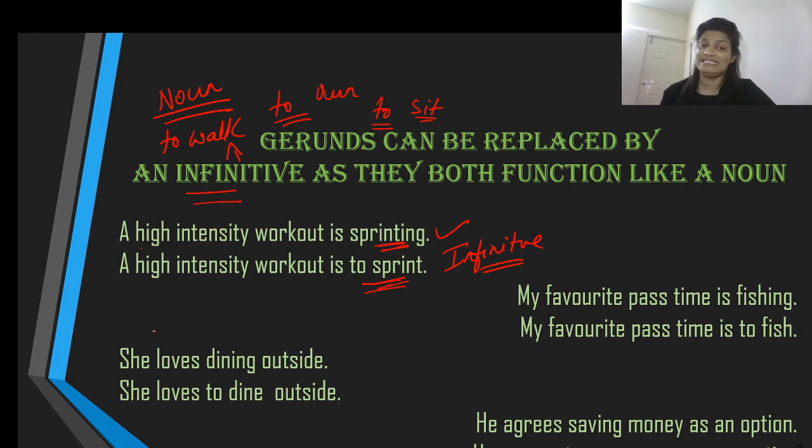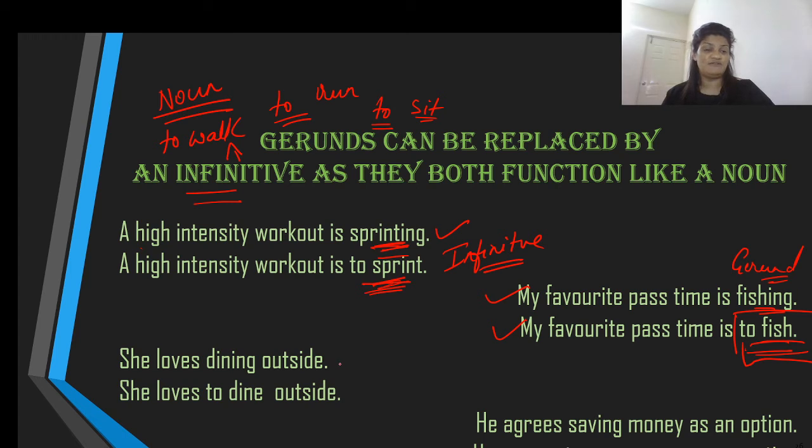Therefore, you can easily change a gerund into an infinitive like this. Similarly, my favorite pastime is fishing. Definitely a gerund, right? Now let us replace that with to fish. My favorite pastime is to fish. Definitely the meaning has remained intact except for the change of fishing into fish. And here to fish is your infinitive.